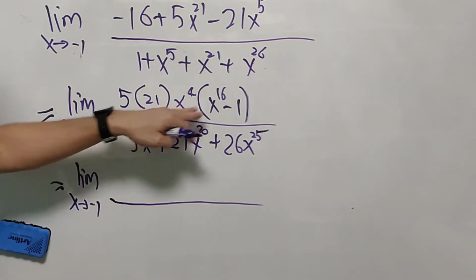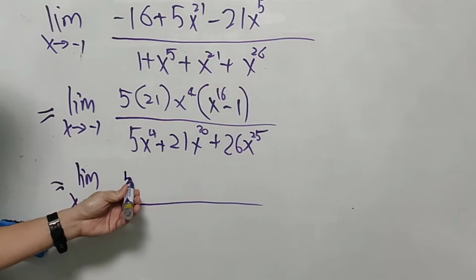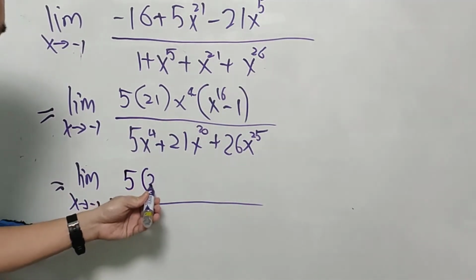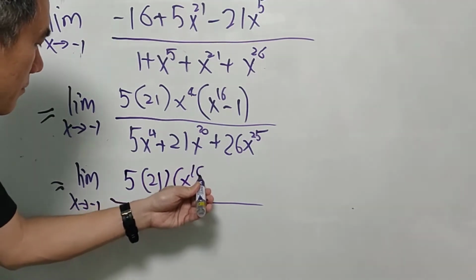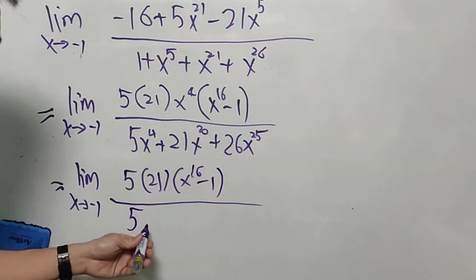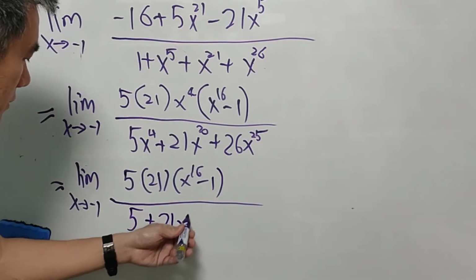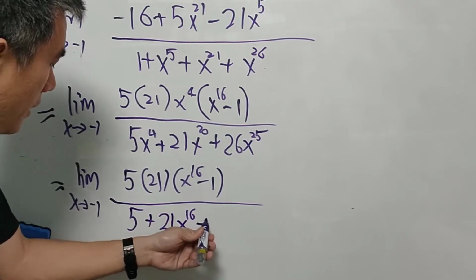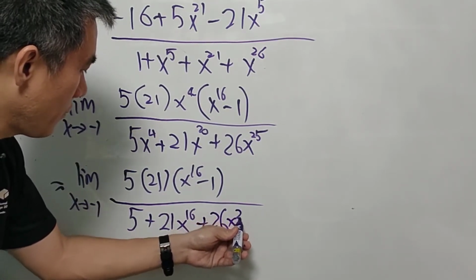We can divide each of the terms by x^4, and this will be 5 times 21 times x^16 minus 1, and this is 5, 21x^16 and 26x^21.